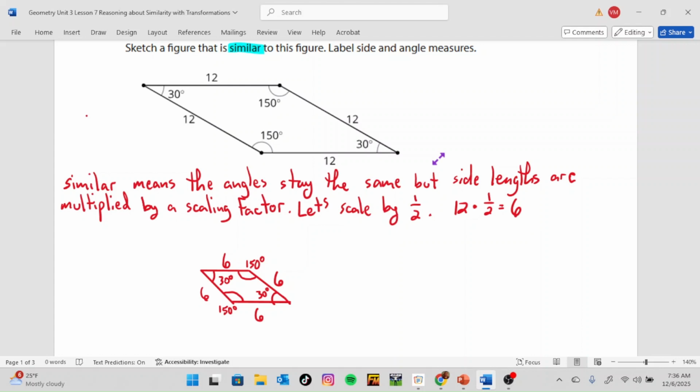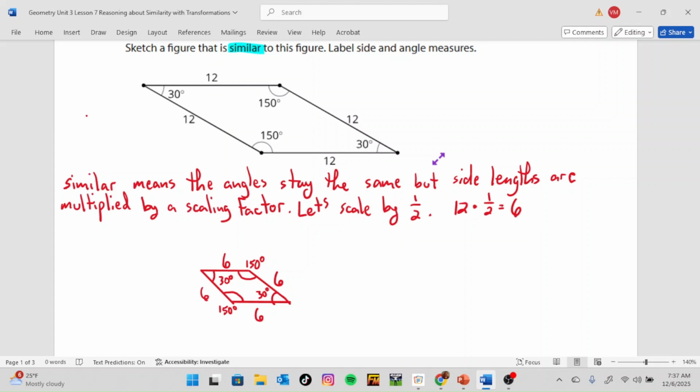Now, we could have multiplied by any scaling factor for the side lengths. We could have multiplied by 2 and made it bigger so that the side lengths were 24. We could have multiplied by 1/3 and every side length would have been 4.